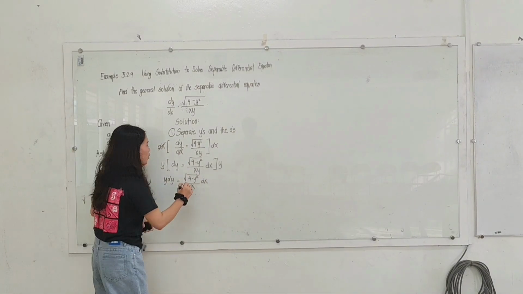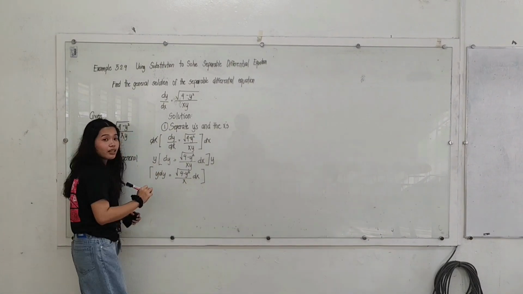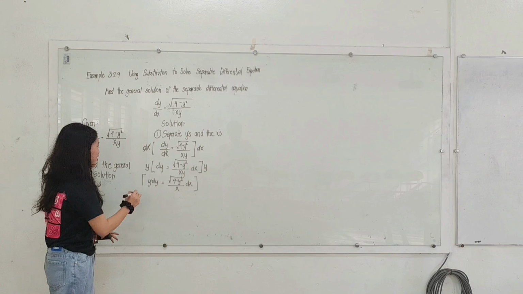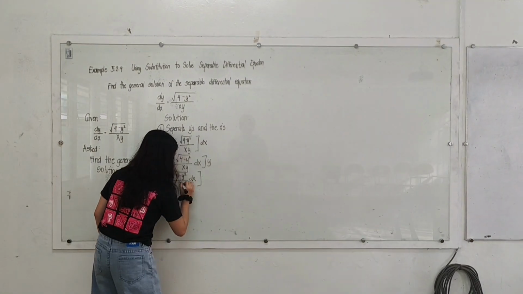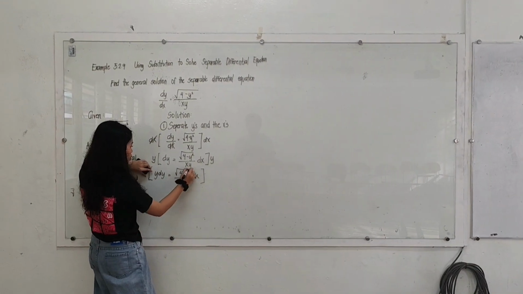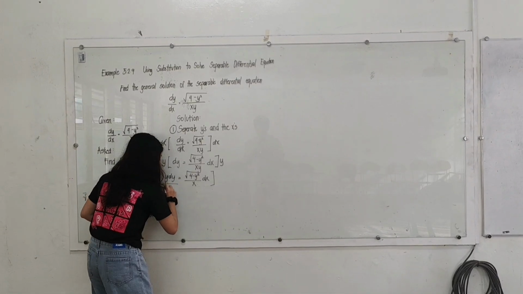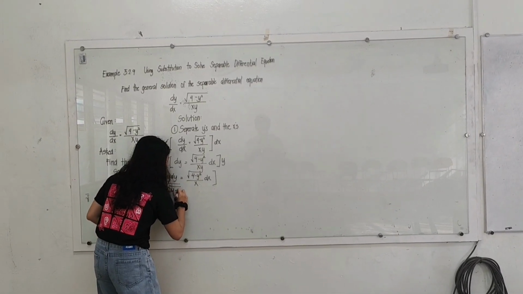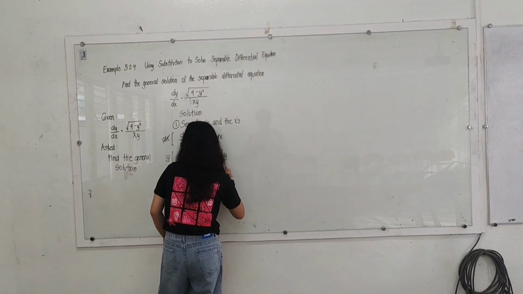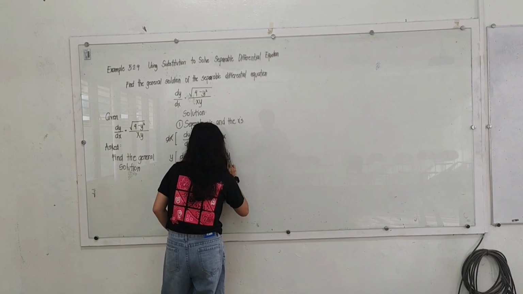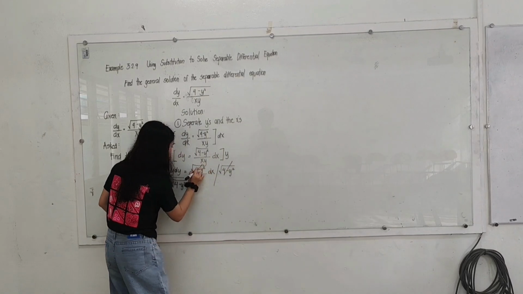And then next, we will divide both sides by the square root of 4 minus y squared so that we can cross out the 4 minus y squared on the right. So we can cross it.